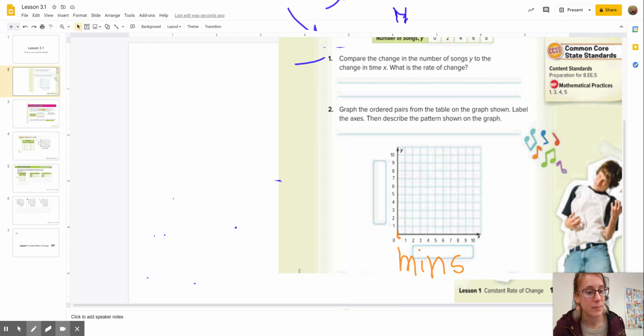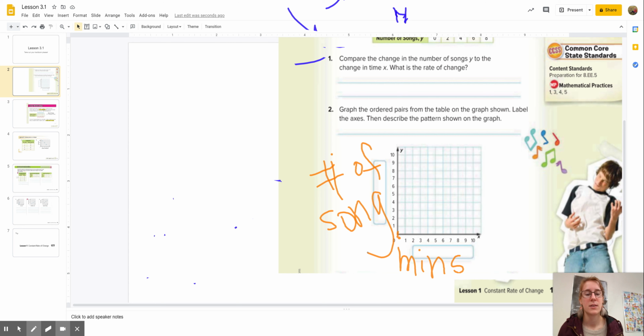If time was our x-axis, the number of songs was our y. So let's label that as number of songs. That's our y-axis. So at 0 minutes, there are 0 songs. At 1 minute, there are 2 songs.